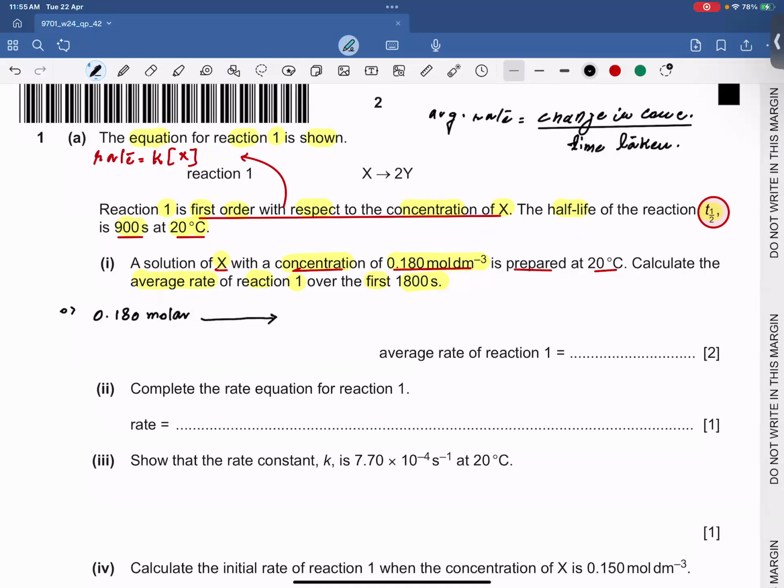So in the first half-life, the concentration is going to be half. 0.180 divided by 2, you will get 0.09. This is the first half-life.